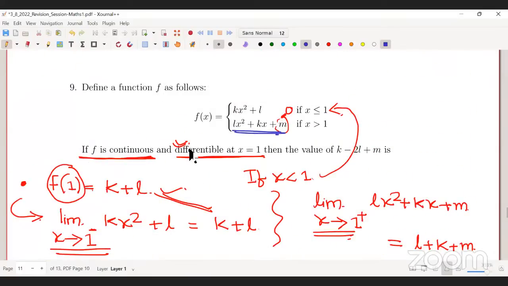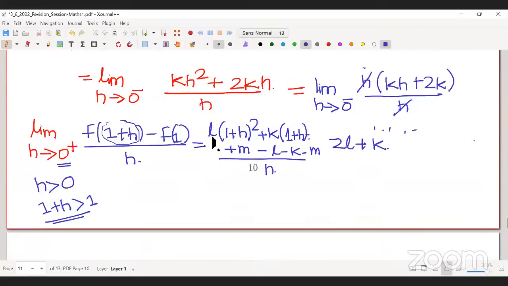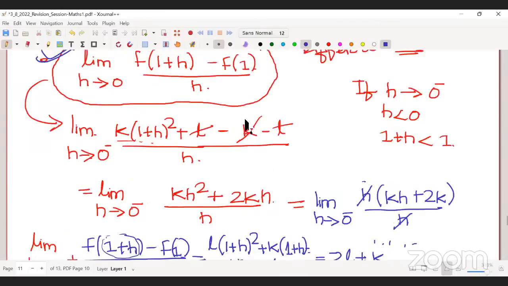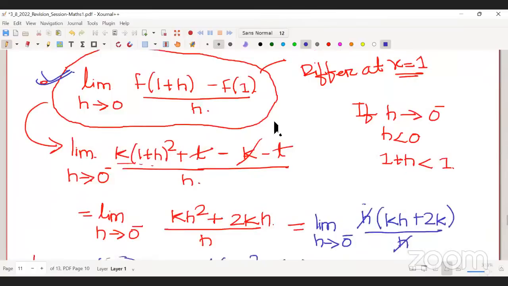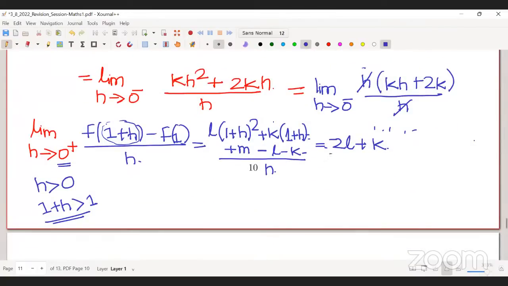Okay, sorry. f of 1 is k plus L. And we have already computed that m is 0, so it doesn't matter. So eventually what you will get is 2L plus k.